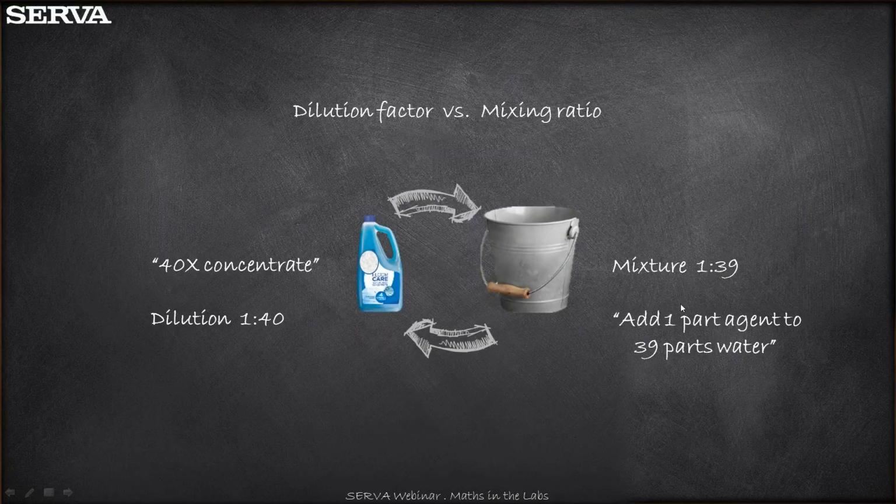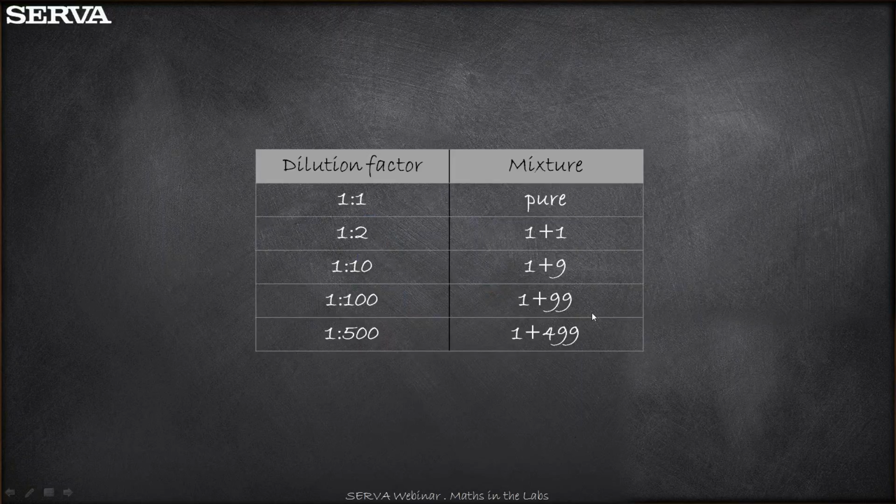So 1 part plus 39, even if in some lab books you find this expression as 1 to 2, and that is not right. This has been made wrongly for decades, but to make this more clear, I have made a table to make it more understandable.